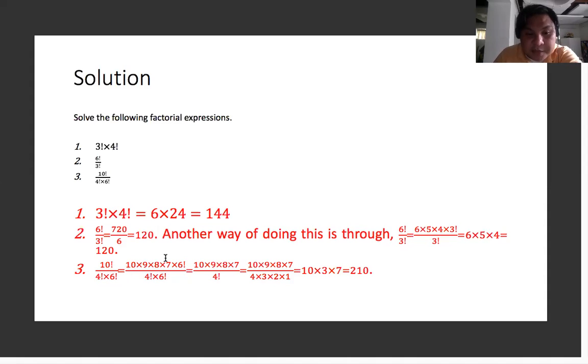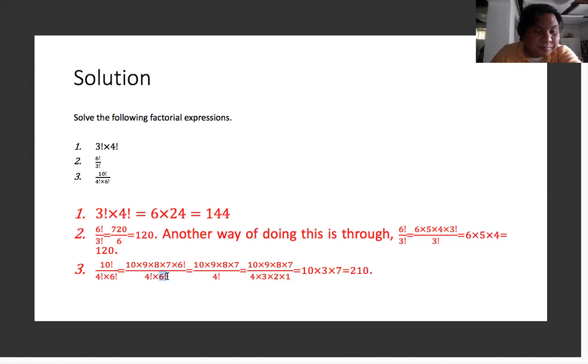Well, I stopped at 6 factorial because it is the larger factorial number, and canceling out a larger factorial number is much more convenient as opposed to canceling a smaller factorial number. You may, of course, choose to expand this all the way to 4 factorial, but the cancellations would be a bit more tedious. Not too much, but definitely a little more.